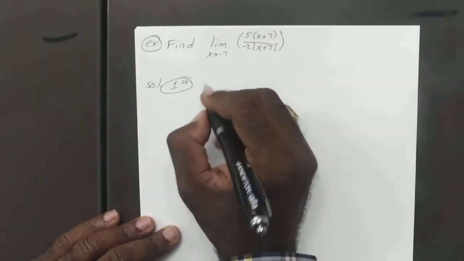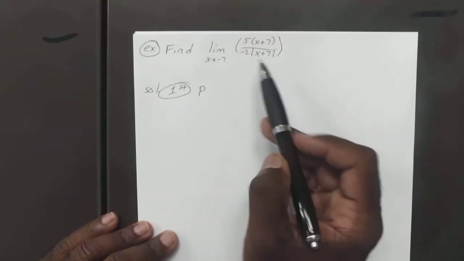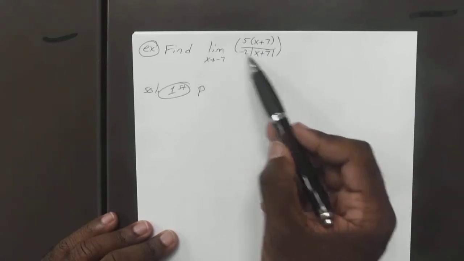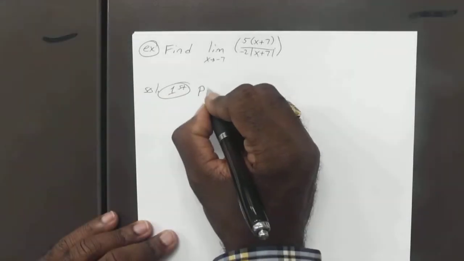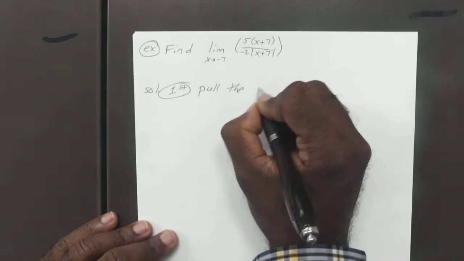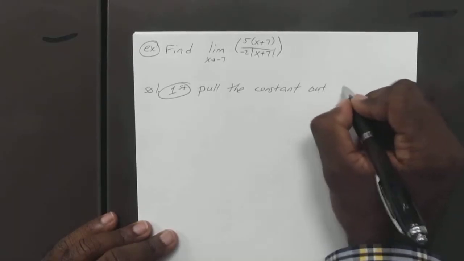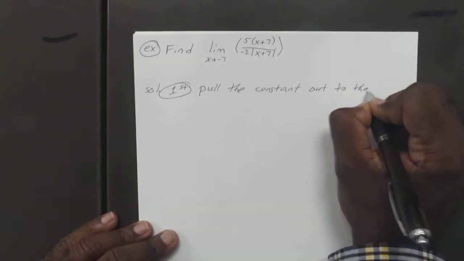So first thing we want to do, well, actually we can bring that -5 over 2, we can factor that out. We don't have to have that there. So we can pull the constant out to the front.